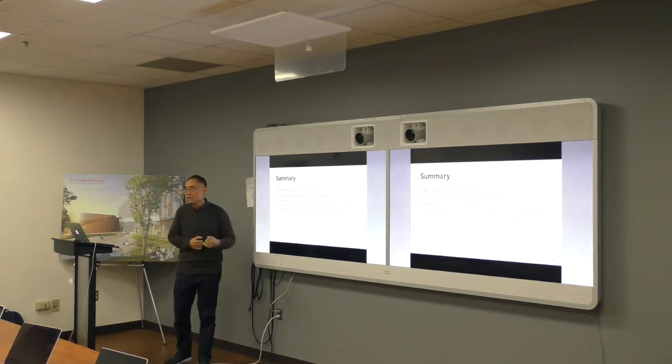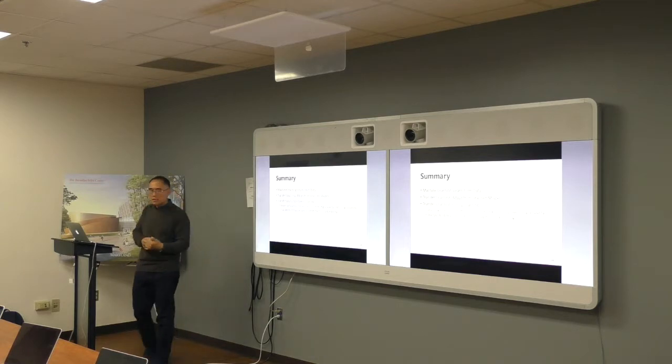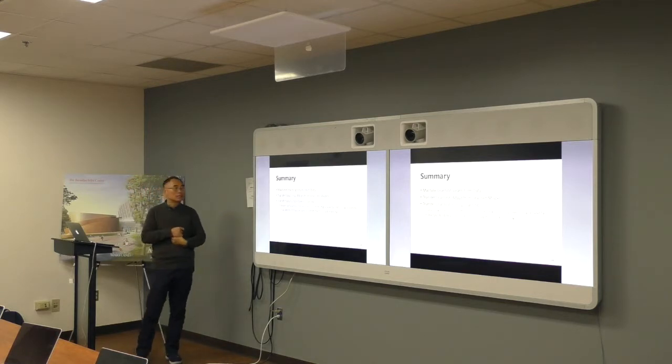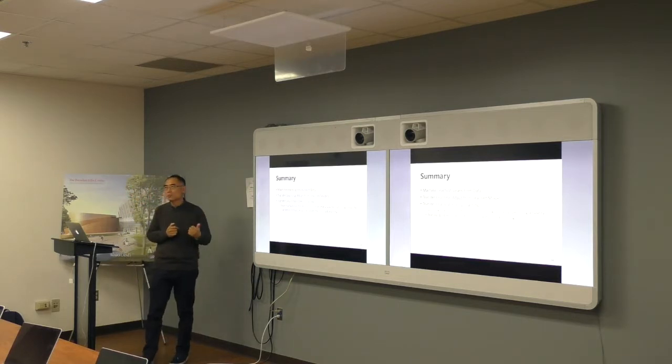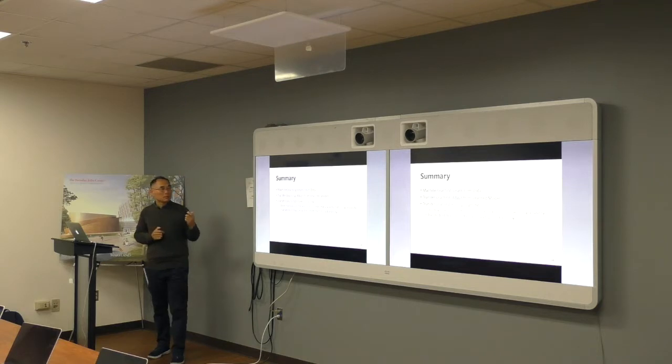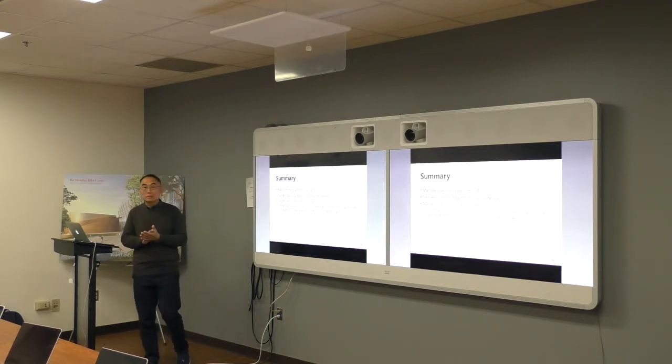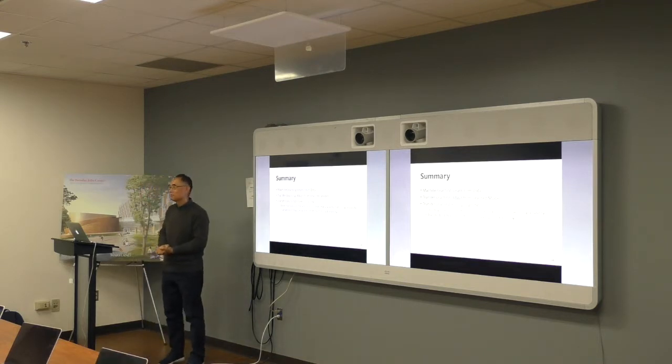And using this technique, we have demonstrated in at least 3 different application domains that transfer learning and deep learning can work together really well. So thank you. Thank you very much.